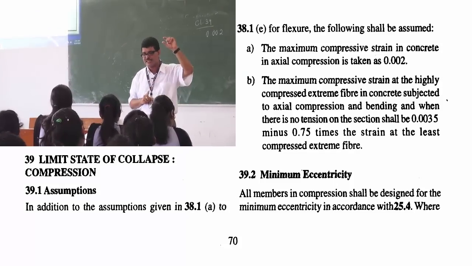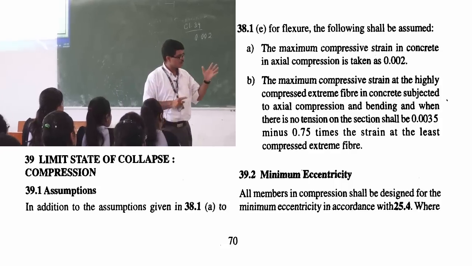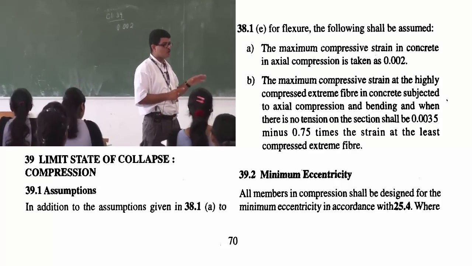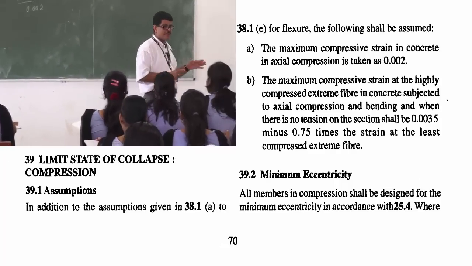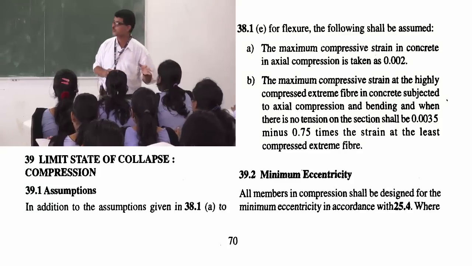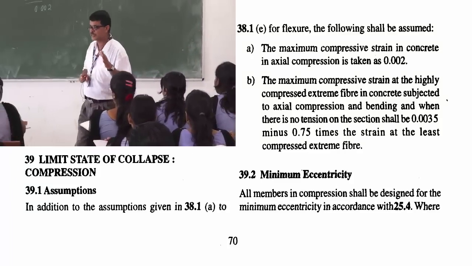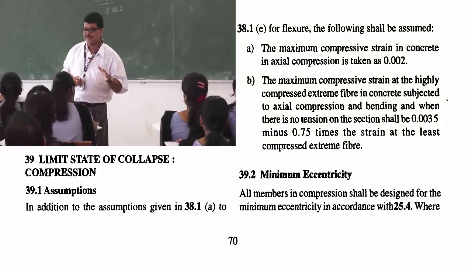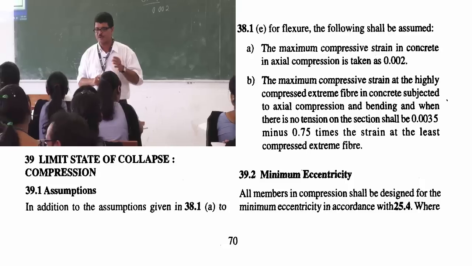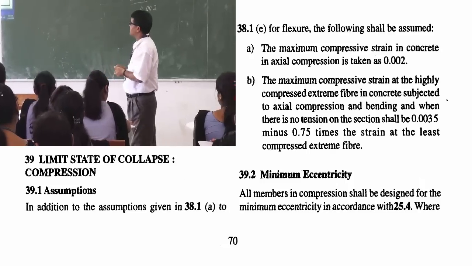So one fiber will have maximum compression, one will have the least compression. So the strain there will be 0.0035 at the maximum fiber minus 0.75 times the strain at the least compressed fiber. Okay, that is the thing.